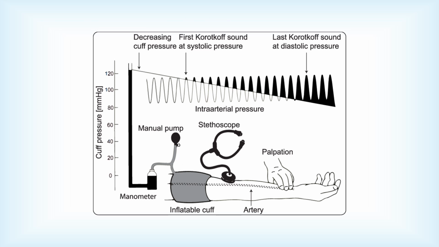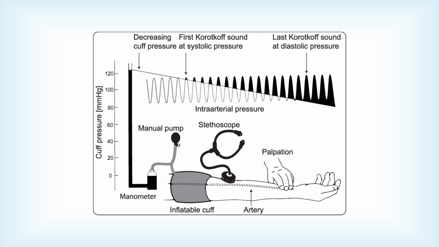Auscultation is similar, but uses Korotkoff sounds, named after Nikolai Korotkoff, a Russian physician who described them in 1905. These sounds are a complex series of audible signals created by turbulent arterial flow. In simple terms, the systolic pressure is assigned to the pressure at which the first sound is heard, and the diastolic to the point when the sounds disappear.